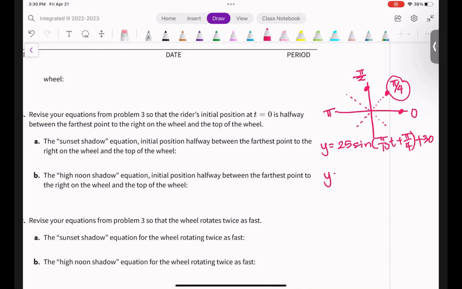And then y equals 25 cosine of pi over 10 t plus pi over 4, right? Very good.